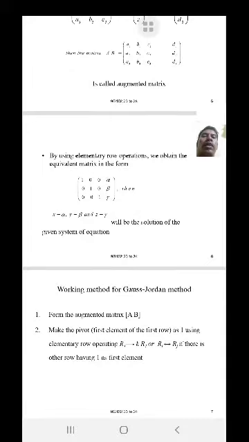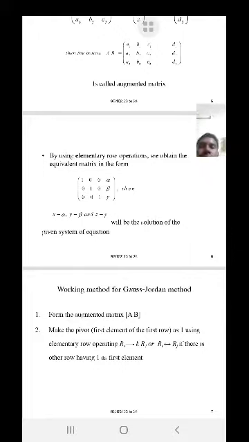By using elementary row operations, we obtain the equivalent matrix. We know from the previous class how to operate row operations. So by using those row operations, we have to bring the matrix into this form: 1 0 0, and the last element of the first row is alpha.